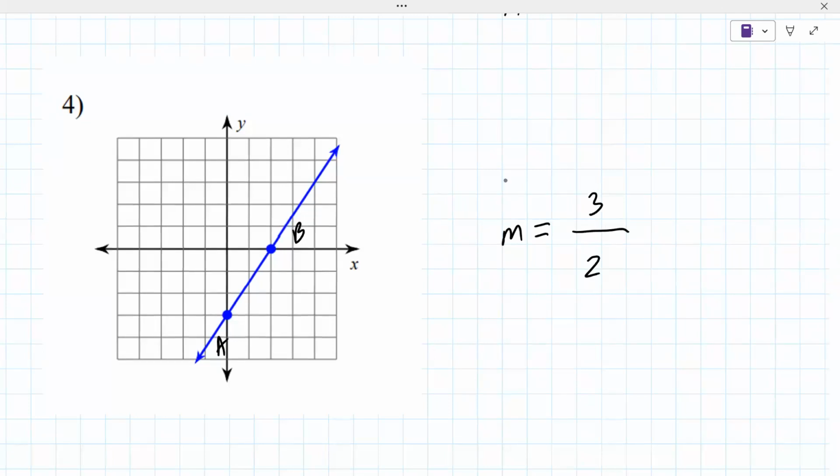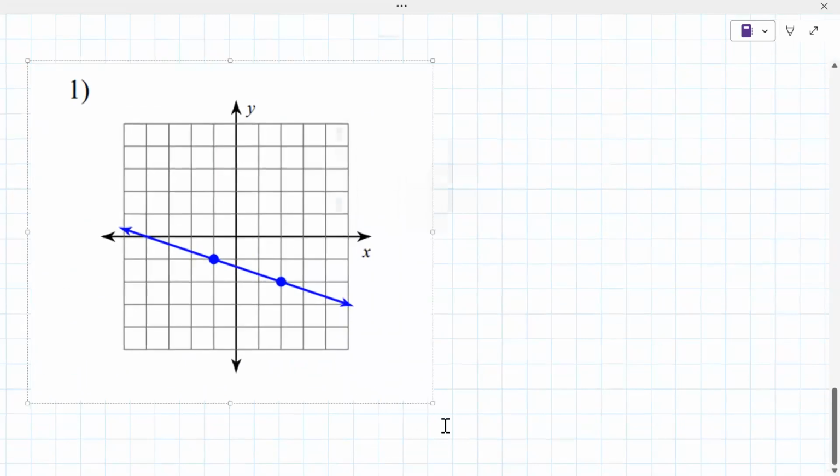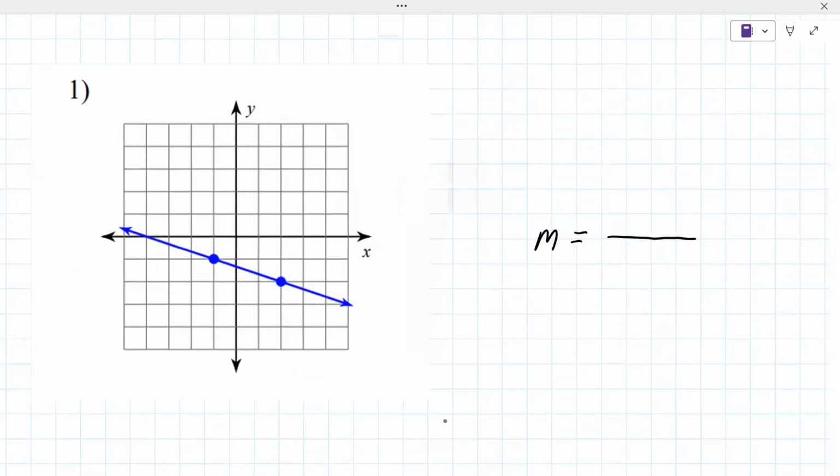Good. Any questions on that before we go on to something else? All right. So slopes can either be positive or negative. All the examples that I did here are positive slope. So this is negative slope. The reason it's negative slope is we know that it's going down and to the right. And again, it's rise over run. So this time you're going down, down one.